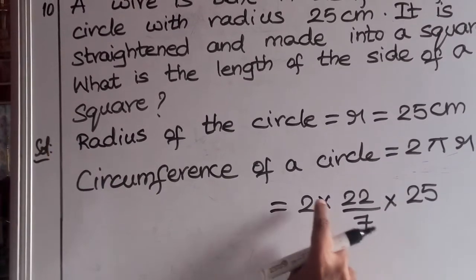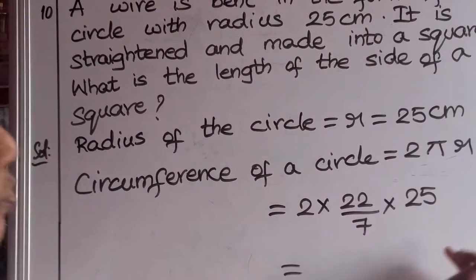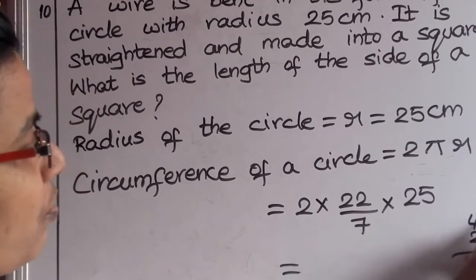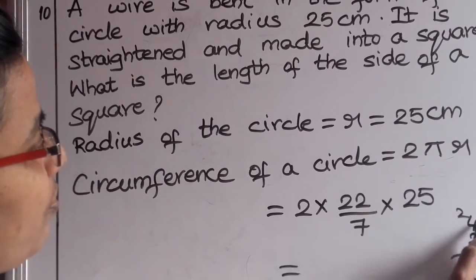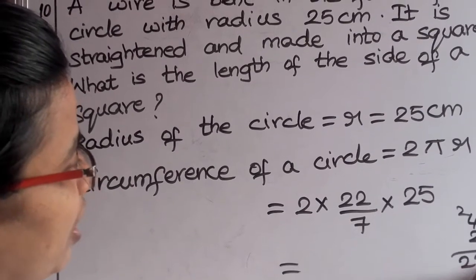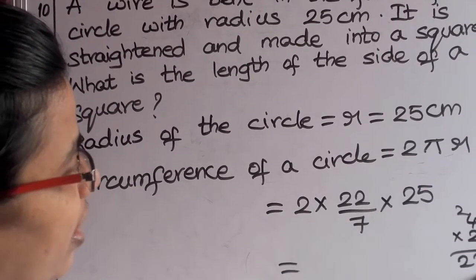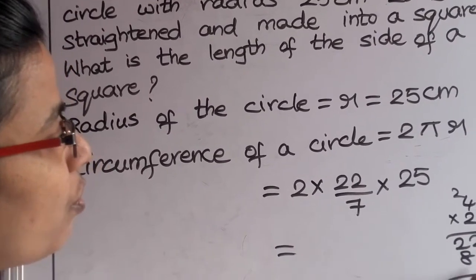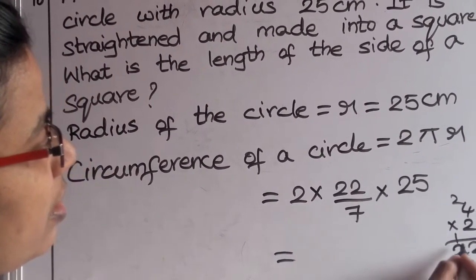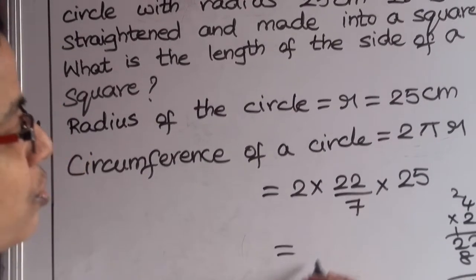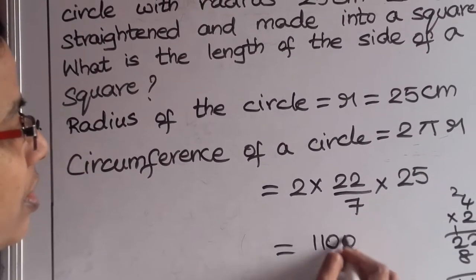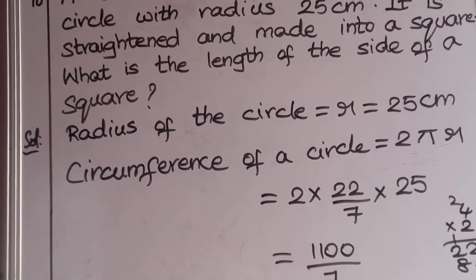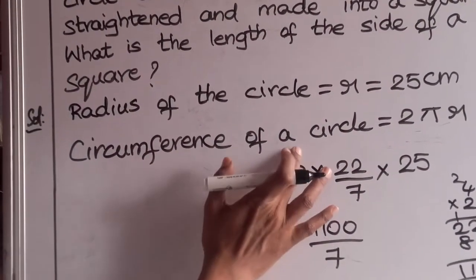So what we are going to do is multiply this. 2 2s are 4, 2 2s are 4. 44 into 25. 5 4s are 20, 5 4s are 20. 20 plus 2 is 22. 2 4s are 8, 2 4s are 8. So let's add this. This is 0. This is 10. And this is 11. So you got 1100 by 7. This is the circumference of the circle.